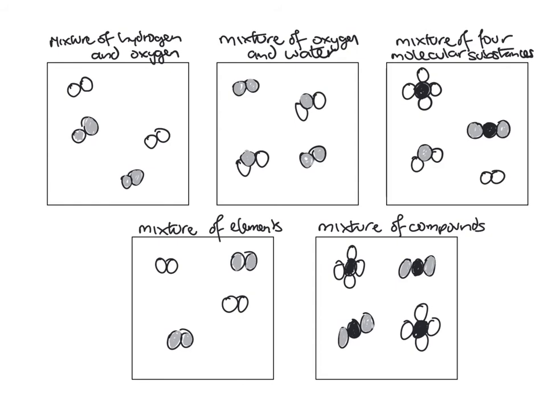Mixture of elements, again, you could have had different types, but you would have needed a key to show which atom was which. So I've just done hydrogen and oxygen again. And then a mixture of compounds, so each one of the particles has to be more than 1 type of atom. So I've gone for methane and carbon dioxide.